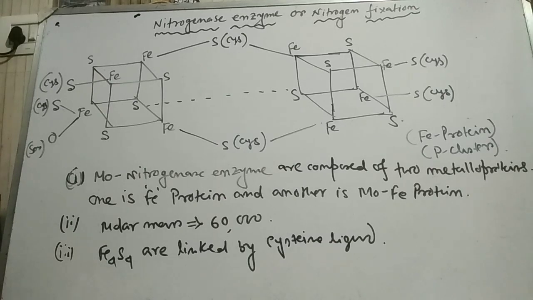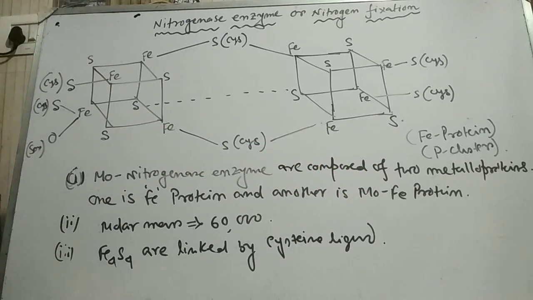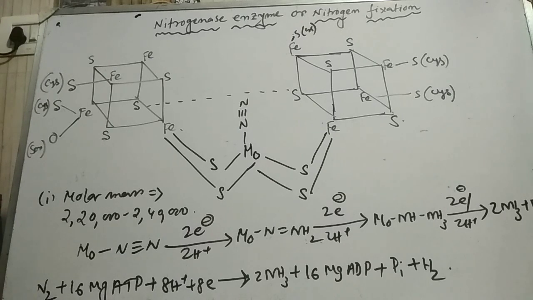Now we will discuss the structure of the molybdenum iron protein and its structural activity. The molar mass of the molybdenum iron protein, that means the MoFe protein, is 220,000 to 240,000.